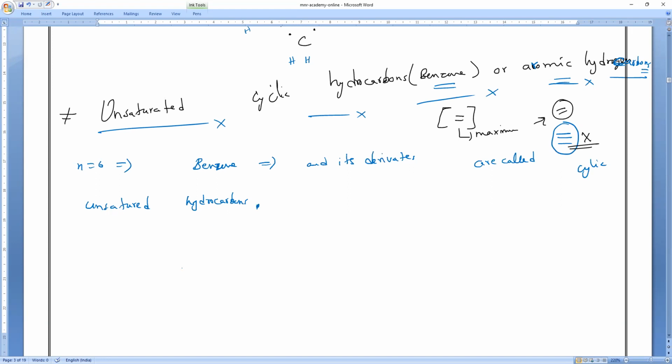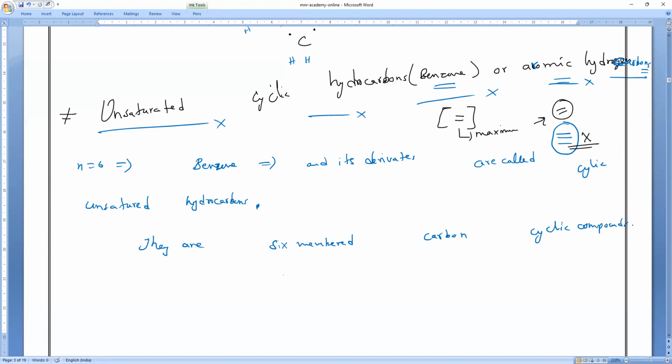Now, how many membered carbon cyclic? Anyone can tell? There are 6 membered carbon cyclic compounds. Note it, everybody.